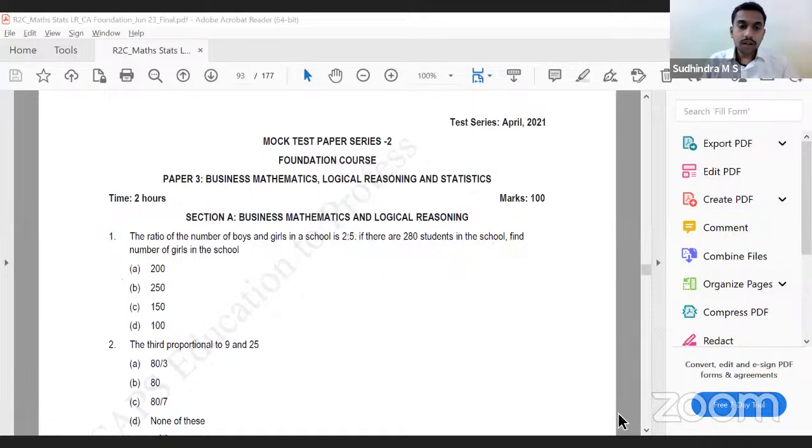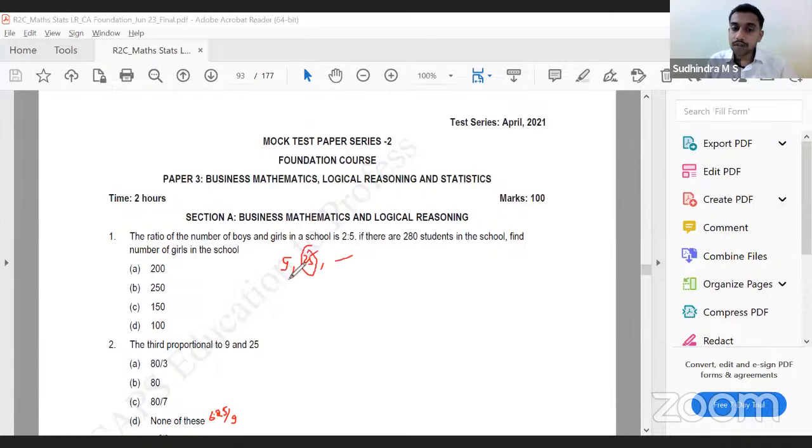Question number 2. The third proportional to 9 and 25. None of these. What's the answer? 625 by 9. Yeah, correct. So whenever they ask us for the third proportional, we have to treat the middle term squared in that proportion. Correct. 9, 25, and this.